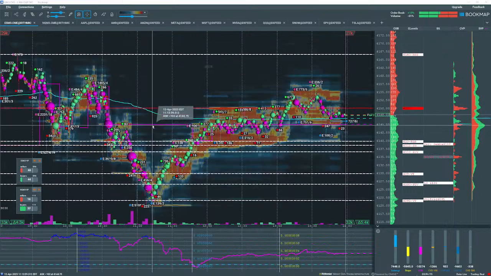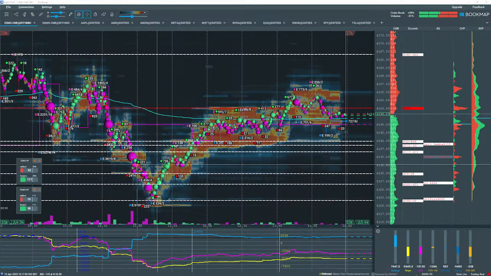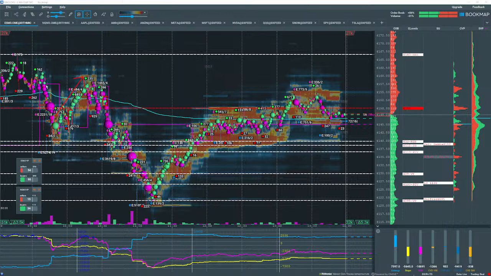So let's zoom in, and here's that long setup right here. Note the shift in order flow. Pink dots, market sell orders. Order flow shifts bullish with aggressive buyers coming in with market buy orders, and takes price up just a short amount.